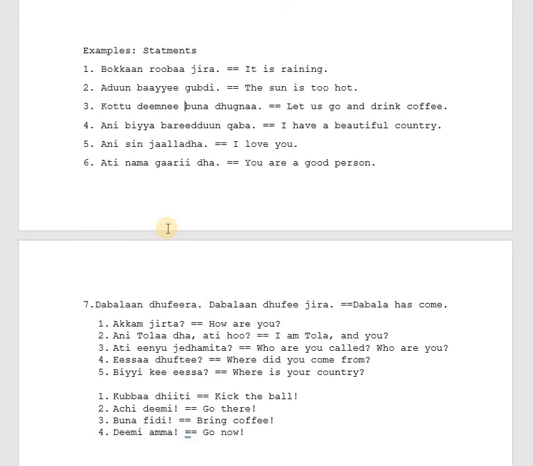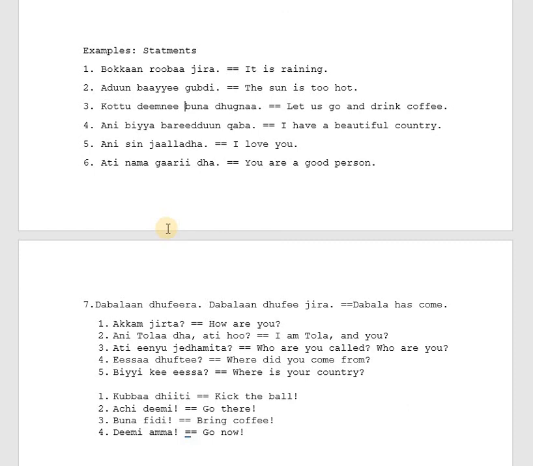So try to speak and listen to people who speak Oromo. Listen to music, though it may be hard to understand. Visit Oromia and stay there for some time. People are very nice and they will really teach you how to speak Oromo.